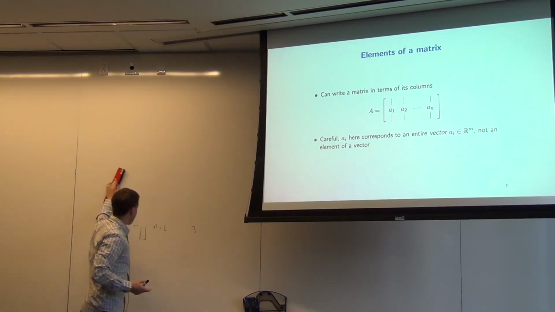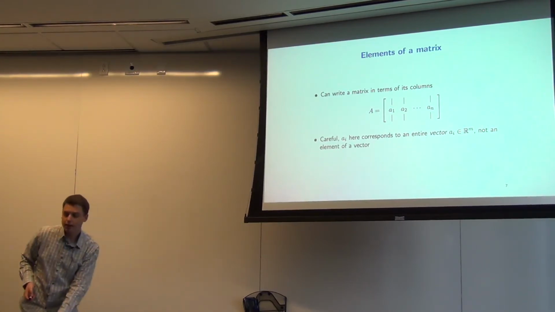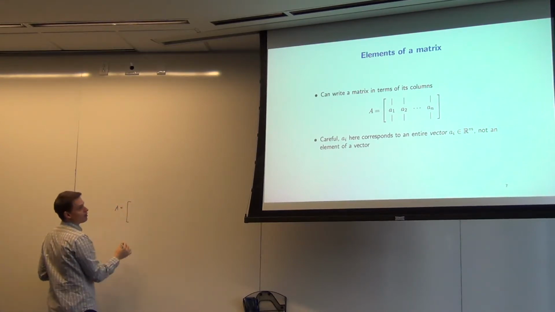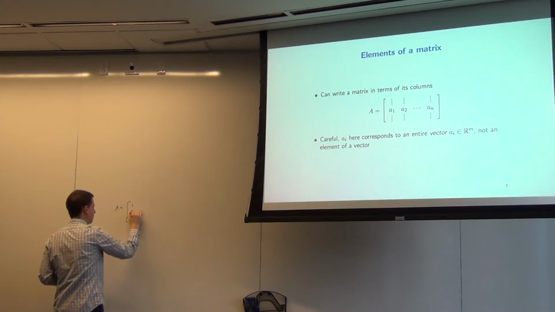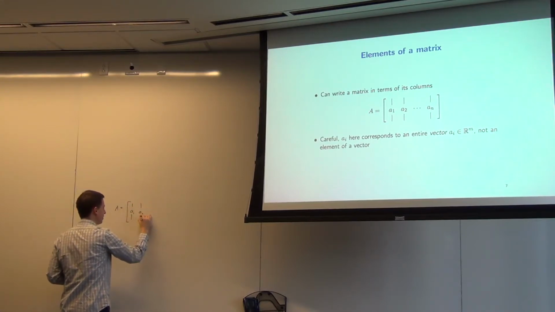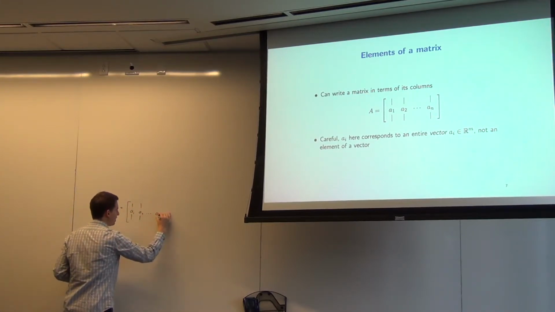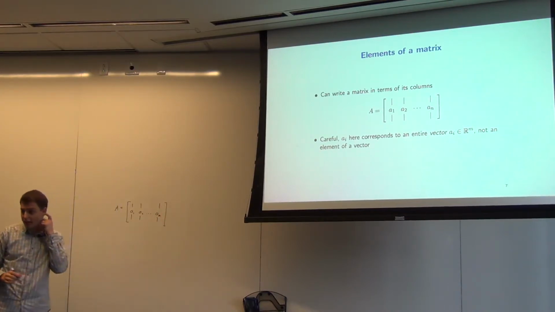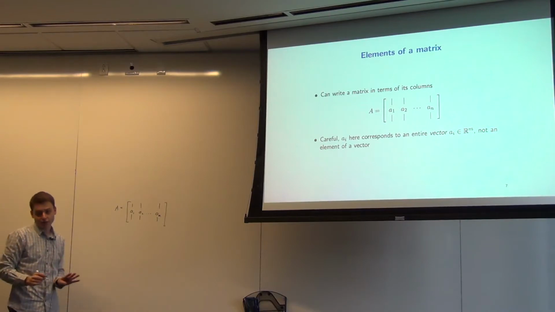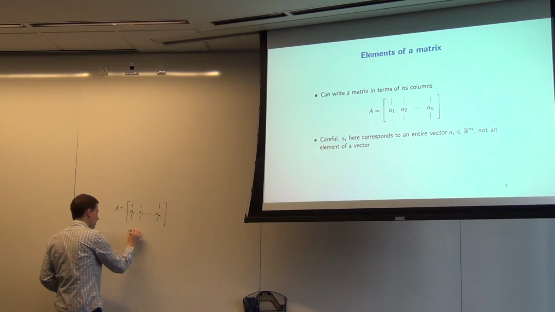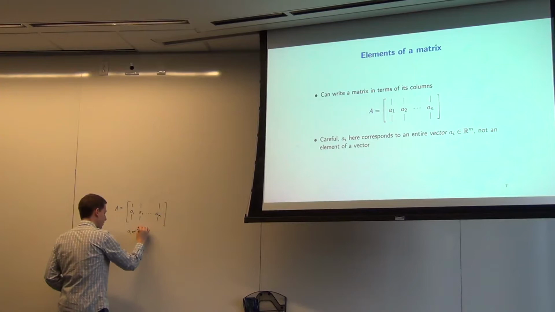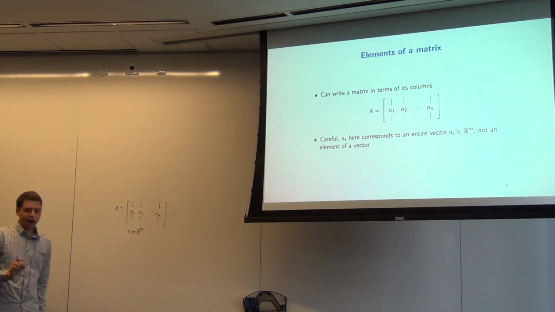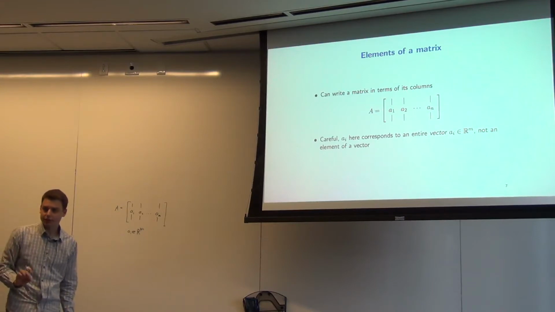For example, we may take the matrix A and write it in terms of its columns: A1 is the first column, A2 the second column, all up to An being the last column. Importantly, each Ai here is itself a vector in R^m.